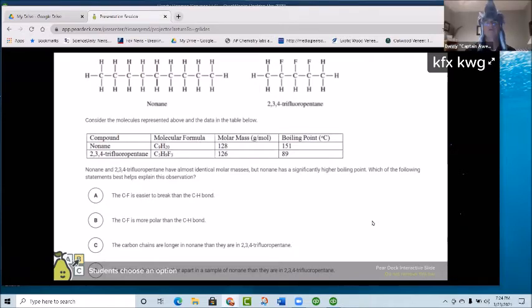If they have identical molar masses, here's what they're trying to tell you: they have about the same number of electrons, and pretty much the same London dispersion forces, right? So anytime they tell you the molar mass is pretty much the same, they're saying the London dispersion forces will be about the same. So which one of those four answer choices is best to explain the difference in boiling point?